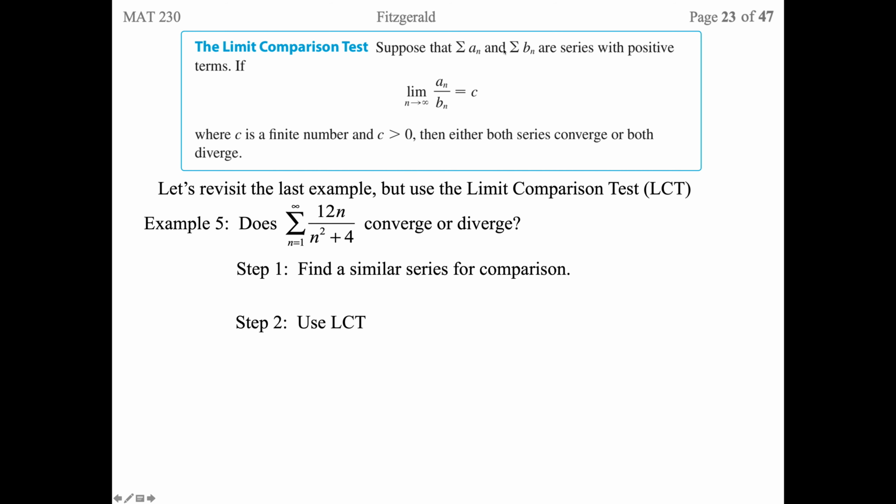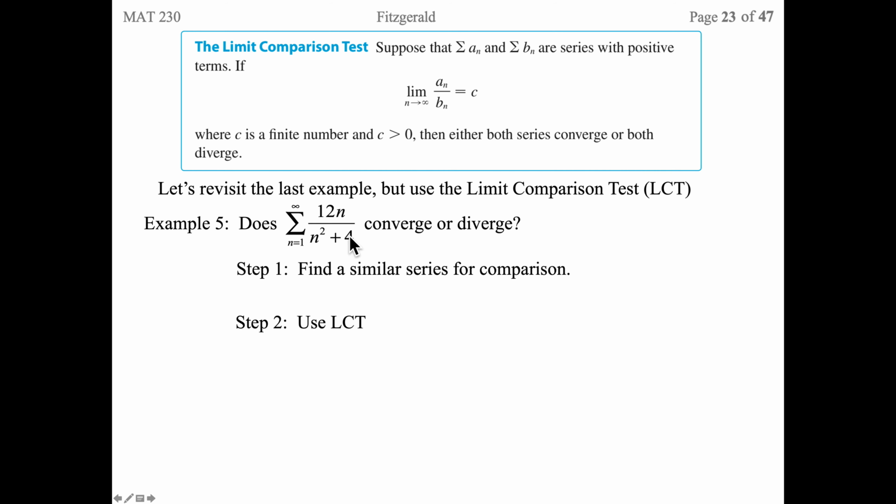So when you find that similar series, and it converges, and we do the limit comparison test, and we get a positive value greater than 0, and it's finite, then they both converge. Or if your series that you compared it with diverges, and we do the limit test, and we get a c value greater than 0 and finite, then they both diverge.